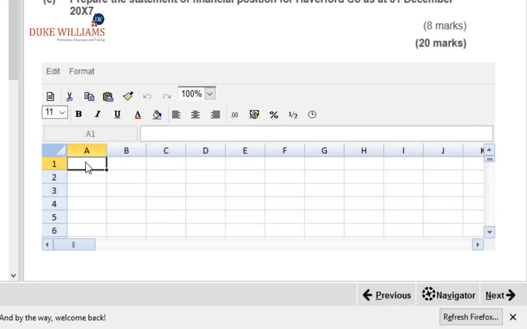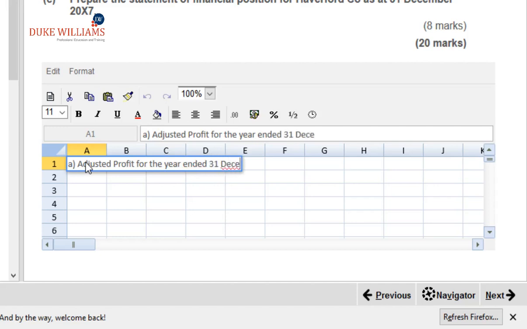So I have requirement A, adjusted profit for the year ended the 31st December 20X7.